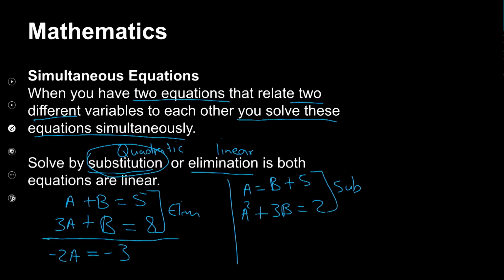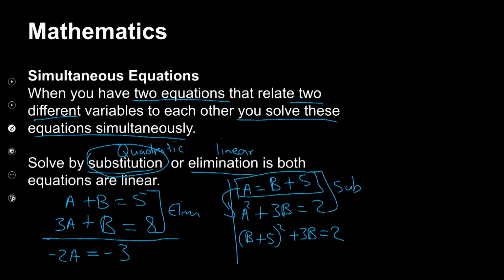What that means is I will take this equation here, which is the first equation, and substitute it there, meaning wherever there is A, I will plug in B plus 5. So that will be B plus 5 all squared plus 3B equals 2.